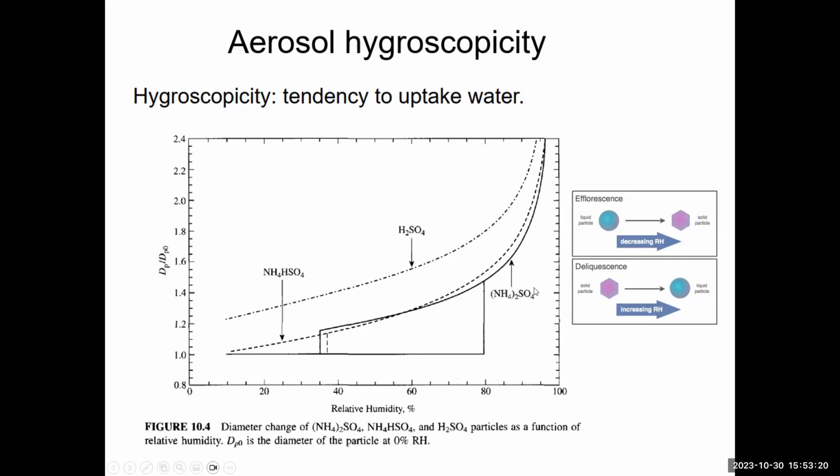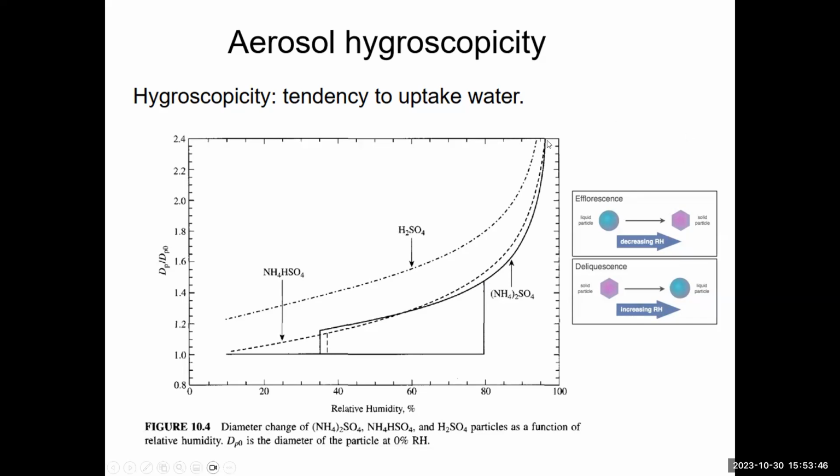And then when you expose it to high RH, it will suddenly absorb water under certain RH and then grow into a liquid particle, basically a droplet. We call this transition point the deliquescence point. The deliquescence point is basically where the aerosol is going to absorb water rapidly and then grow into a droplet.